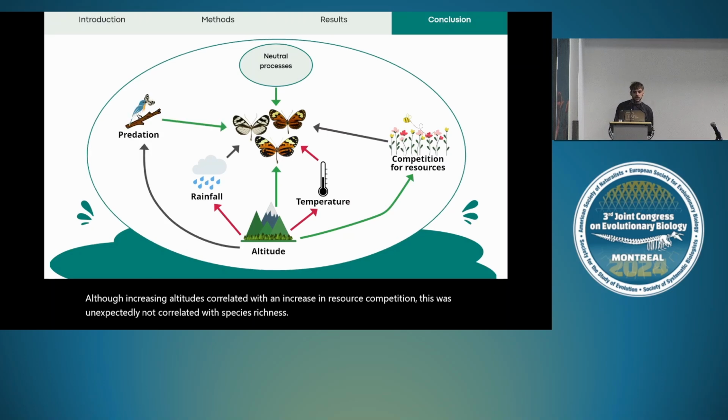And similarly, unexpectedly, species and mimicry richness both increased with increasing predation pressure, as did mimetic convergence. Mutualistic interactions in the form of mimetic interactions are therefore likely important in explaining increasing diversity despite increasing predation.